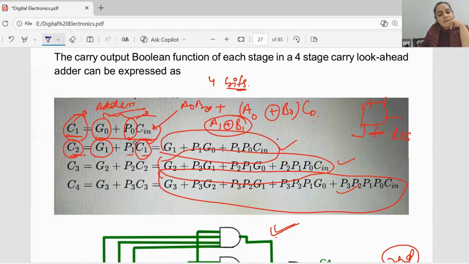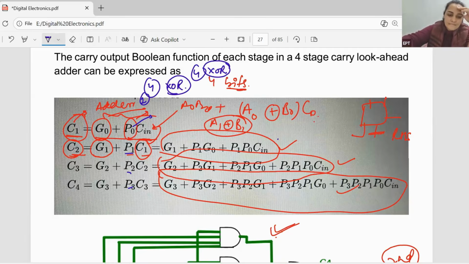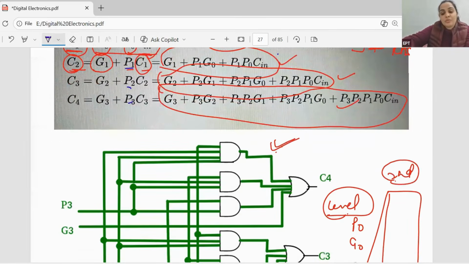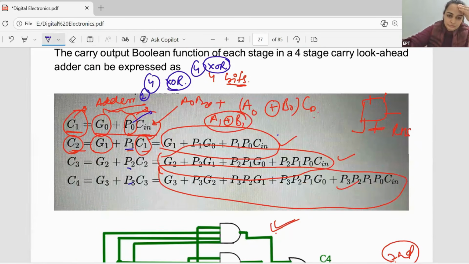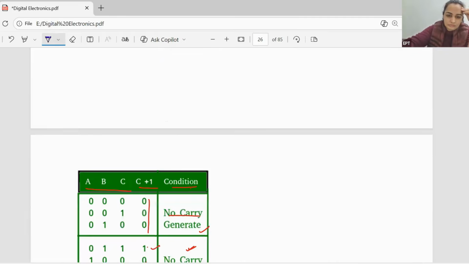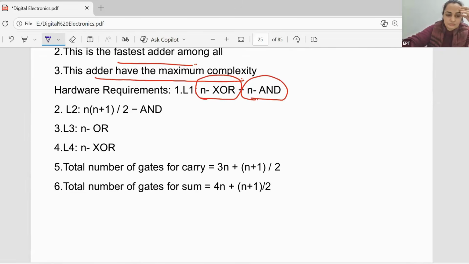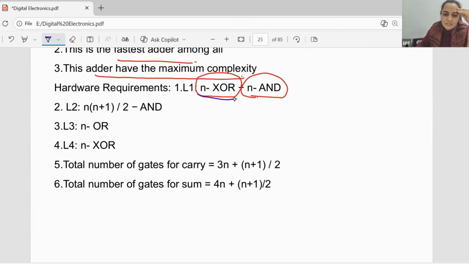See here. For P0 we need 1 XOR gate, 2 XOR gates, 3, 4 XOR gates required. For sum, you will again require 4 XOR gates, because you have to perform the XOR operation on this also. So at level 1, n number of XOR gates and n number of AND gates.